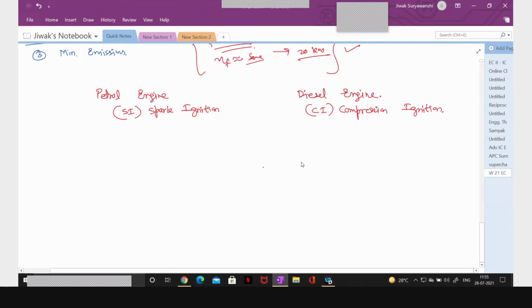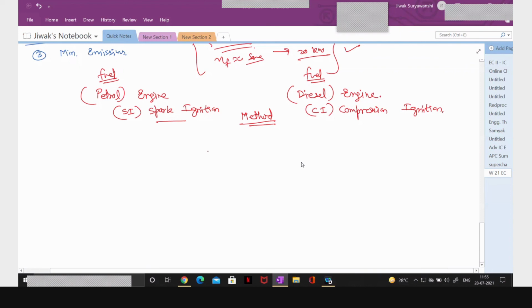And in case of SI engine, we use petrol as a fuel. And in case of CI engine, we are using diesel as a fuel. And how are we classifying? We are classifying on the basis of method of ignition. Which method are we using?